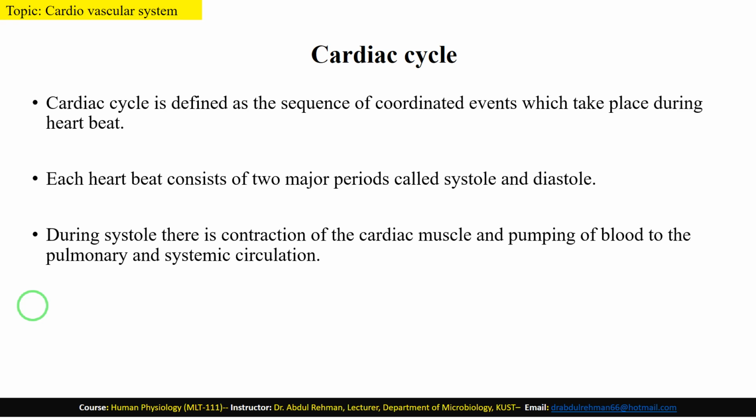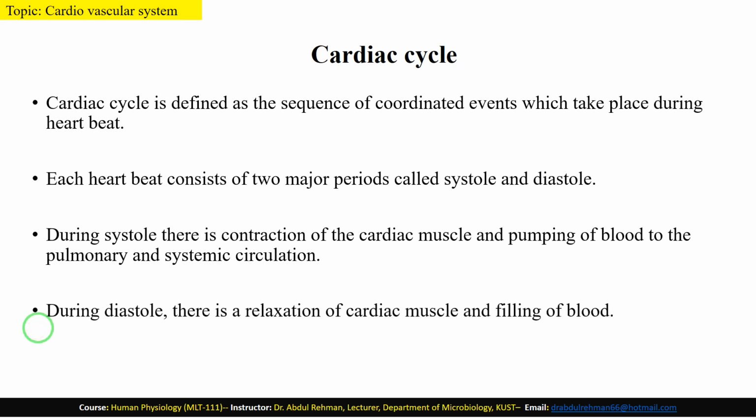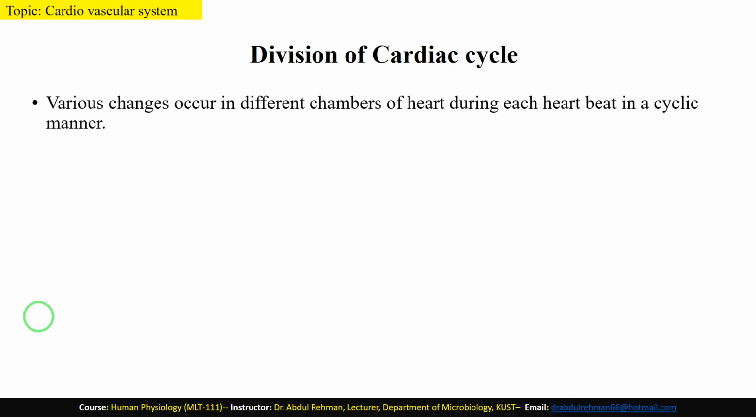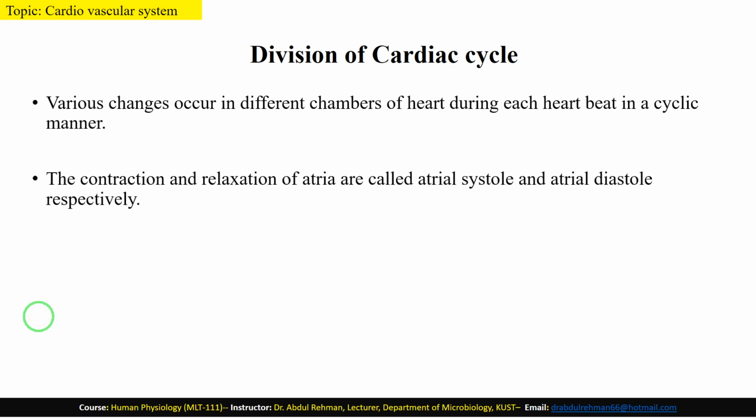While during diastole, the heart muscle becomes relaxed. That is also called the resting stage. And as a result, the heart muscles become filled with blood. As we discussed in the previous lectures, the heart contains four different chambers.